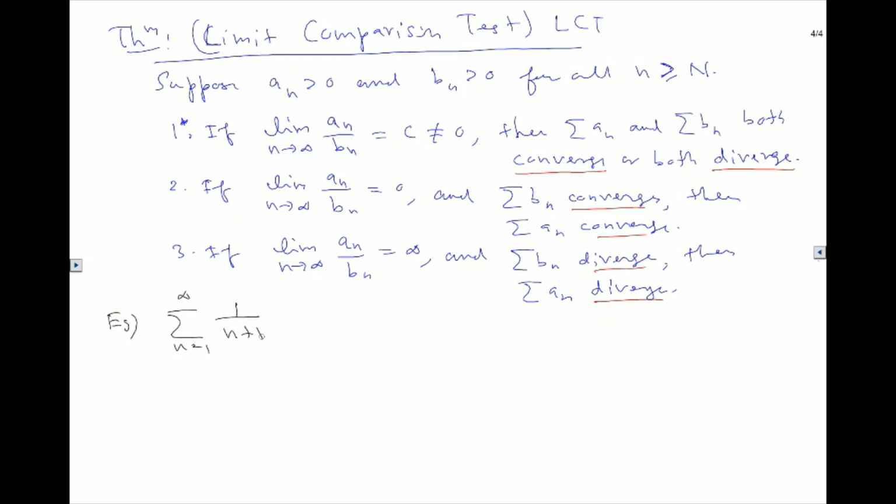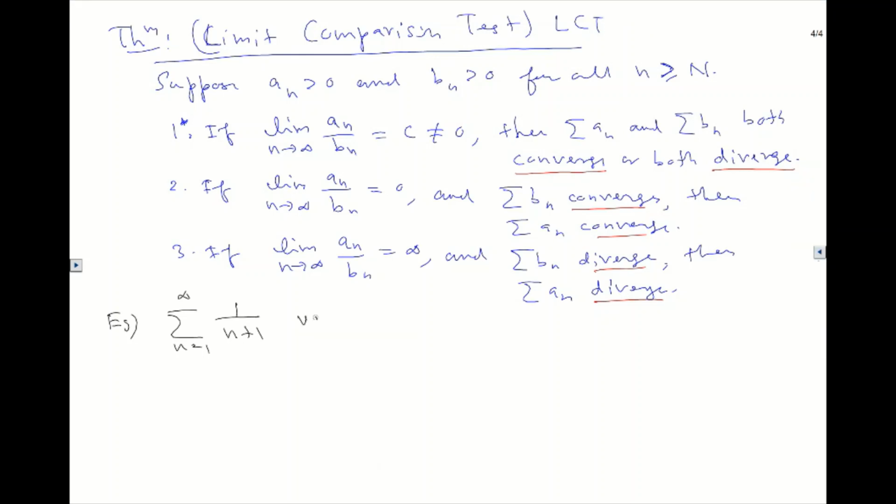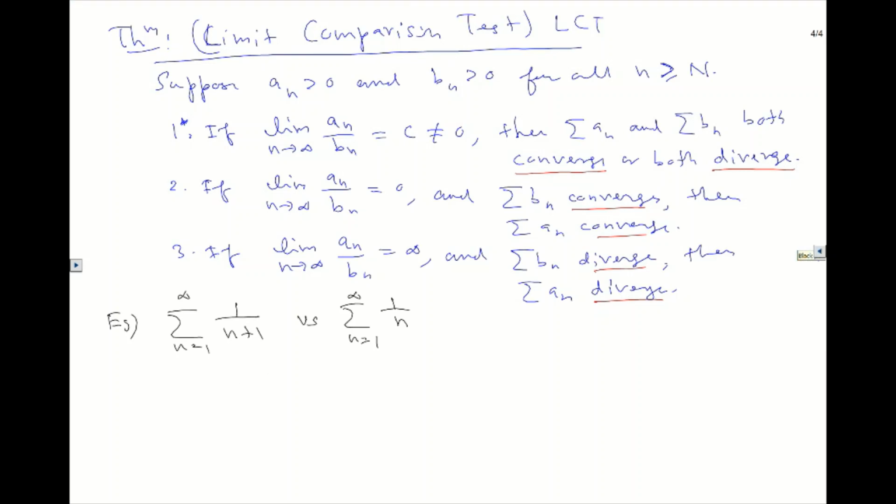So what we're going to do is ignore the 1 in the bottom, and compare this with the sum from n equals 1 to infinity of 1 over n. So in this case, we have an equals 1 over n plus 1 and bn equals 1 over n. So what do you do?